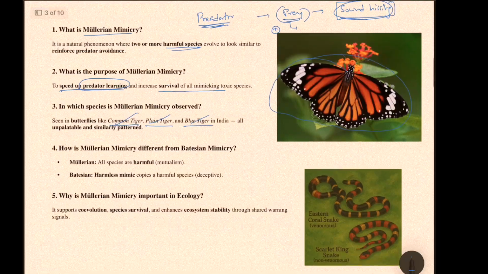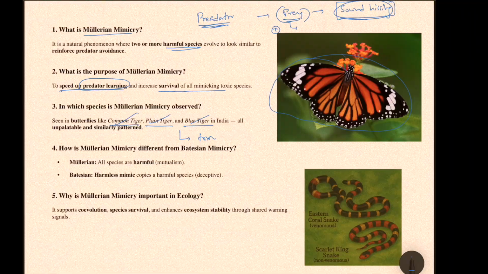All three butterflies are toxic because they are unpalatable due to toxins. They consume certain host plants, due to which they are toxic, and they show similar wing patterns to tell their predators that they are harmful.